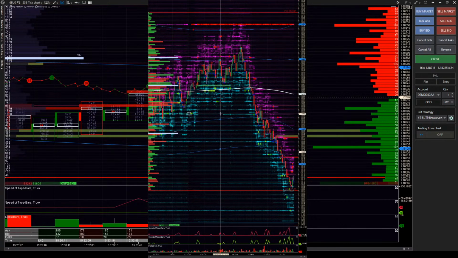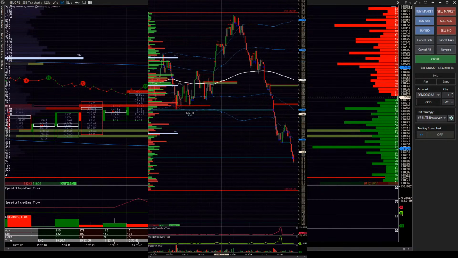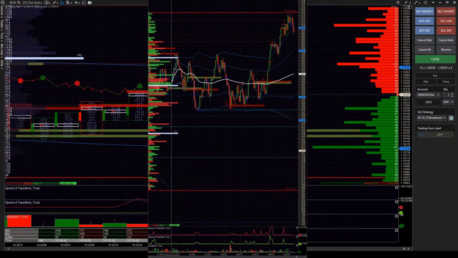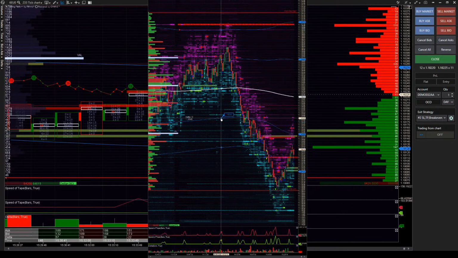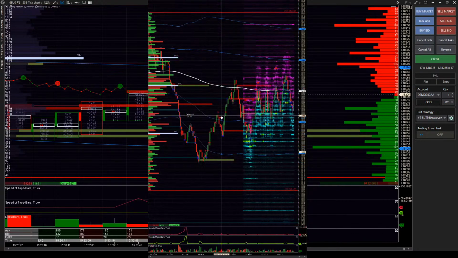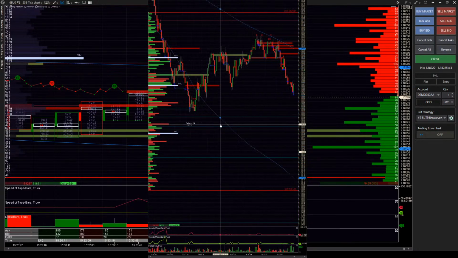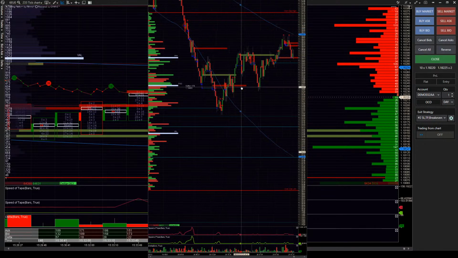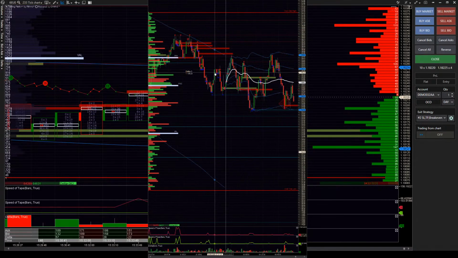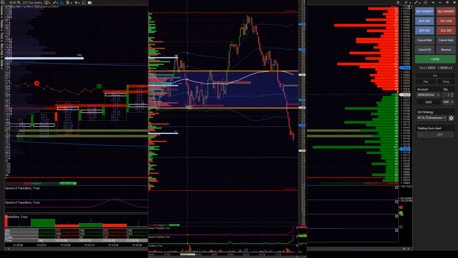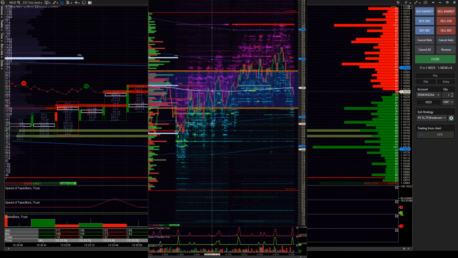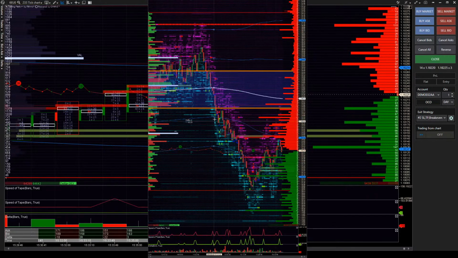And first, what I like to do is just spot where the volume is. So I highlight those volume areas that I found interesting. Basically there's nothing right where the price is right now, just a little bit above it.